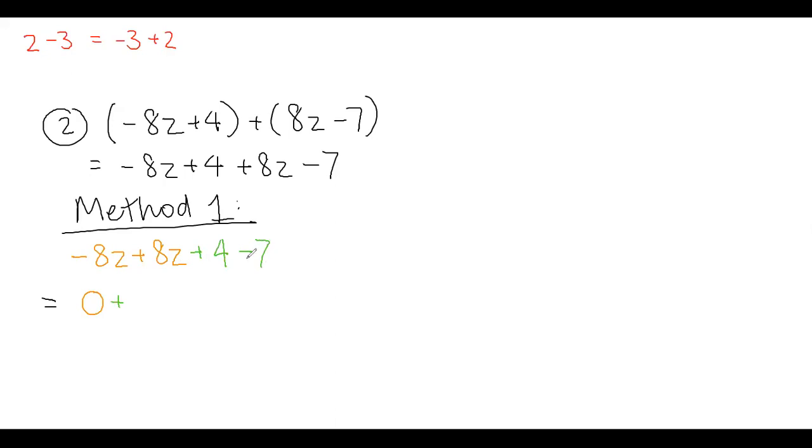We're taking away more than we have, so it's going to be a negative number, negative 3. Do I have parentheses? Yes. Do I have like terms? Yes. I have 2 constants here. So I'm going to rewrite that. 0 plus negative 3, negative 3.